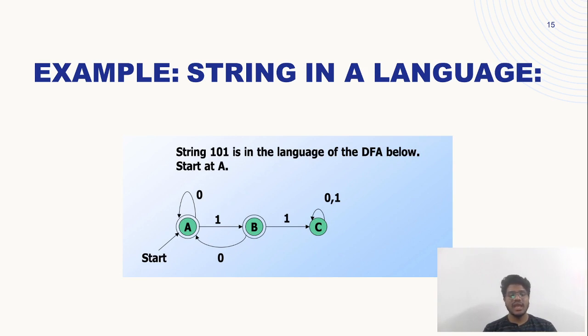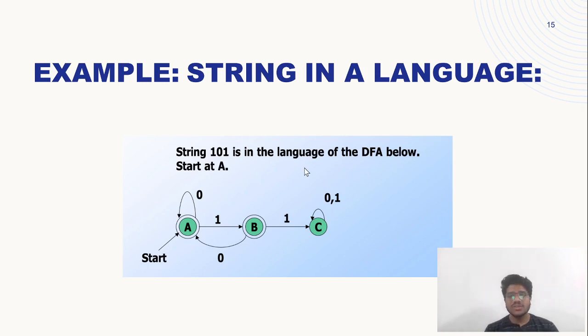A loops on 0, A goes to B on 1, and B goes to C on 1. C loops on 0 and 1, B goes to A on 0, and A itself loops on 0. So we can conclude that the string is in the language.